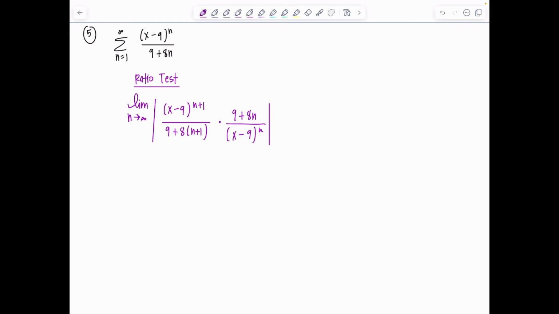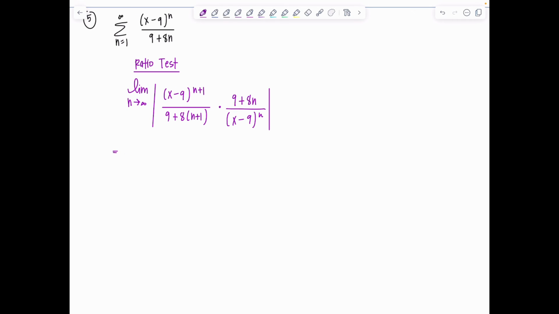Good? Okay, let's break her up, getting ready for that cancel party we love. Limit as n goes to infinity. In the numerator here, now I'm going to write this as (x minus 9) to the n times (x minus 9) to the first. Distribute. So this is going to be 8n plus 8 plus 9, which is 8n plus 17, times 8n plus 9. And then here's (x minus 9) to the n.